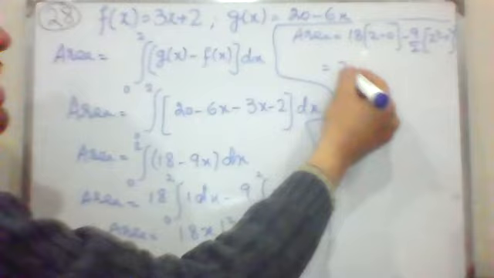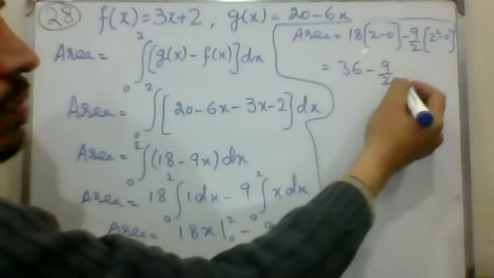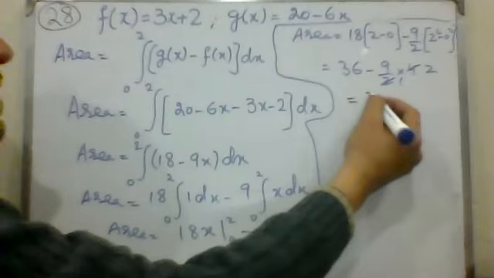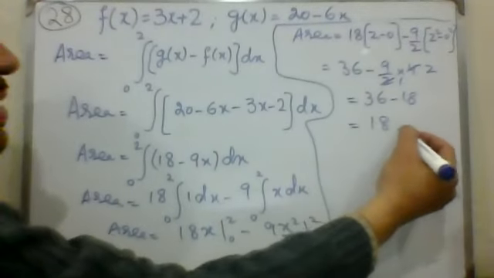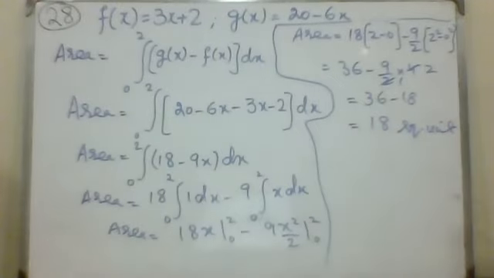So we get 36 from here, minus 9 by 2 multiplied by 4, which is 18. So 36 minus 18, we get the answer 18 square units. So that is our required answer. That is the way to solve the problem.